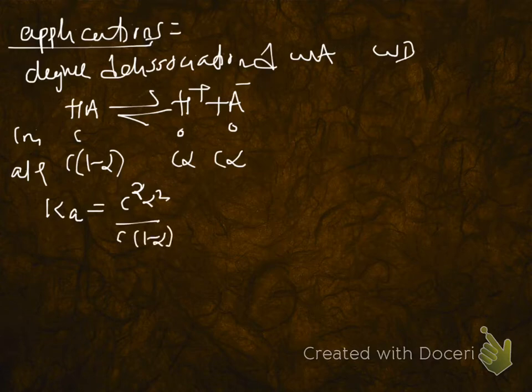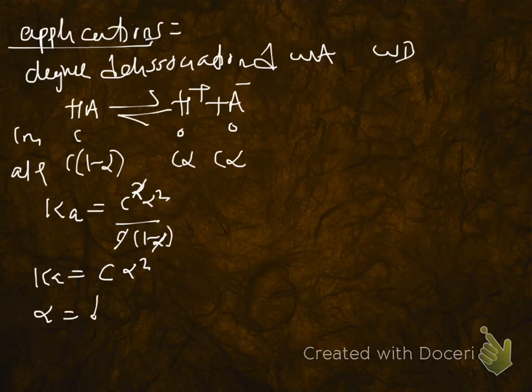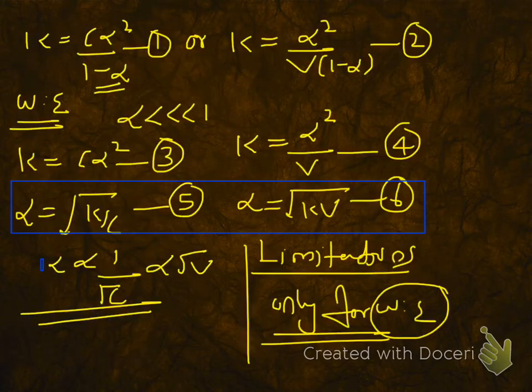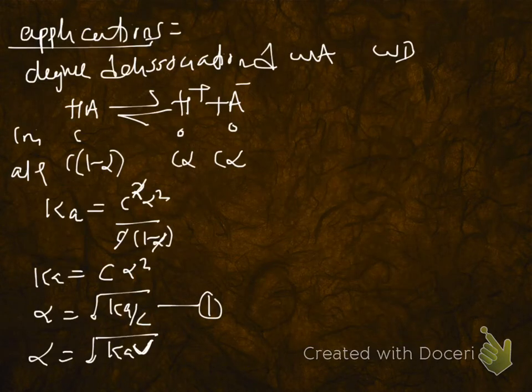For a weak electrolyte we can neglect alpha in the denominator, so Ka equal to C alpha square, and alpha equal to root of Ka by C, or alpha equal to root of Ka into V. Since concentration and volume are inversely proportional, we can write it as root of Ka into V. Here we have Ka because we are discussing an acid, and the dissociation constant of acid is Ka.